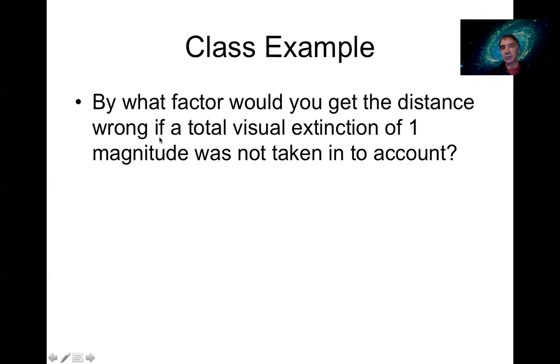So how many times further away is the star than you think it is, if the star had a total visual extinction of 1 magnitude and you ignored the fact that it was there? So if the star had this visual extinction AV of 1 magnitude, but you worked out its distance ignoring that effect, compare the two, what's the difference?